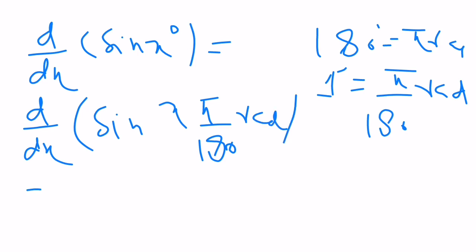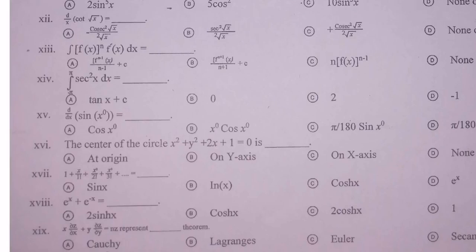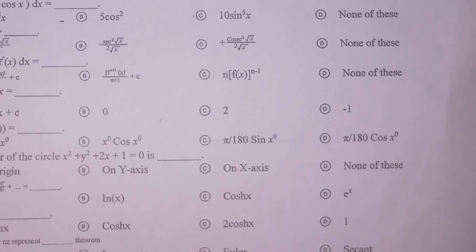Now the derivative is equal to cos x power 0 into pi by 180 radian. The correct option is D.